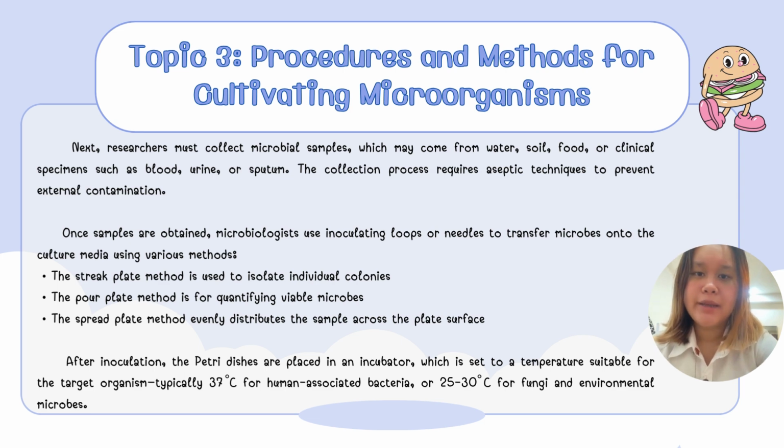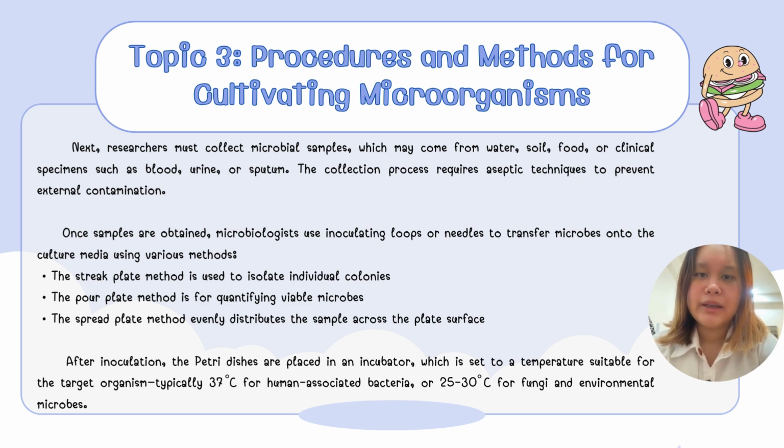1. The streak plate method is used to isolate individual colonies. 2. The pour plate method is for quantifying viable microbes. 3. The spread plate method evenly distributes the sample across the plate surface.